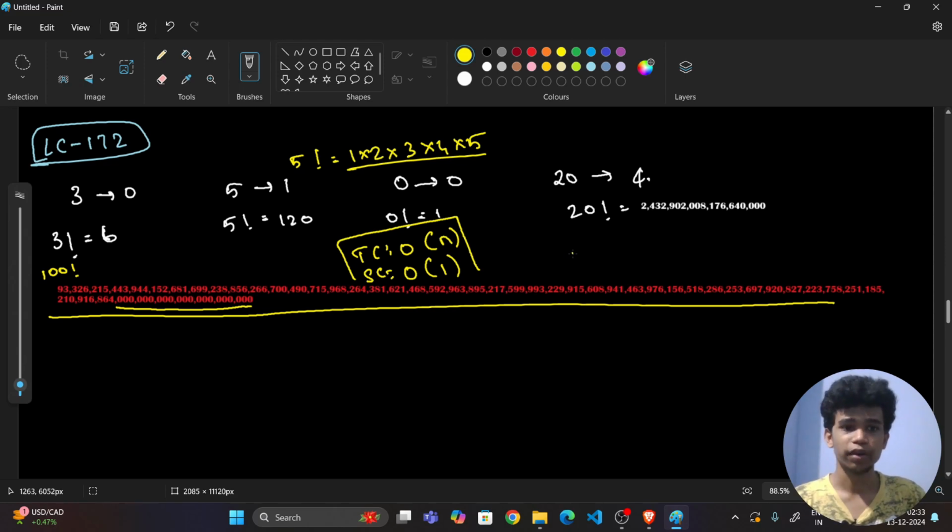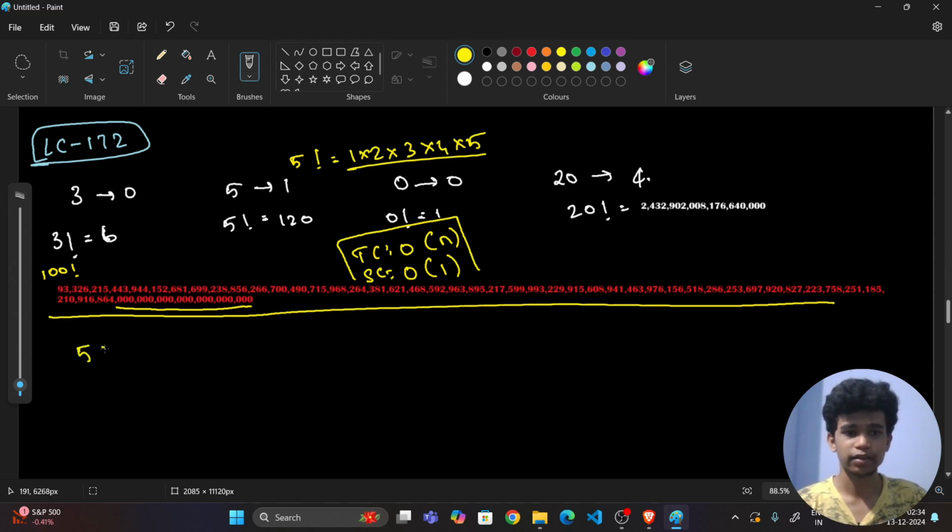How to find it? It is so simple. We are just multiplying in the factorial always. What is the possibility of getting 0 when I multiply two numbers? Just think about it. When will I get a 0 at the end if I multiply numbers?